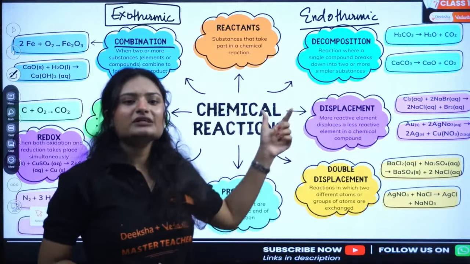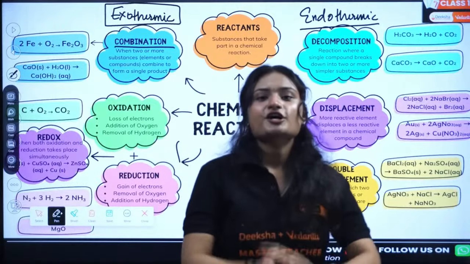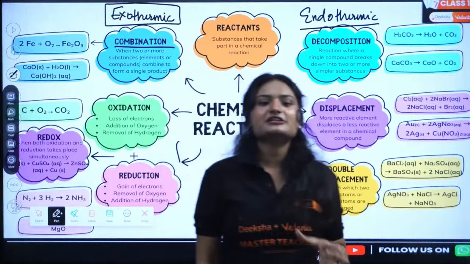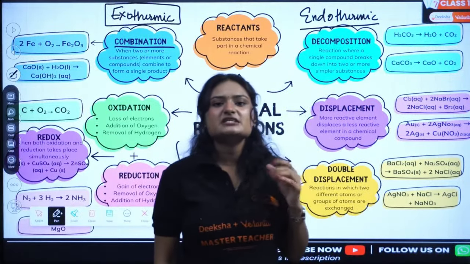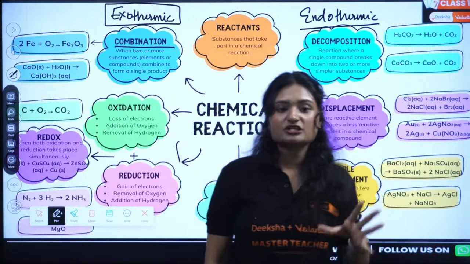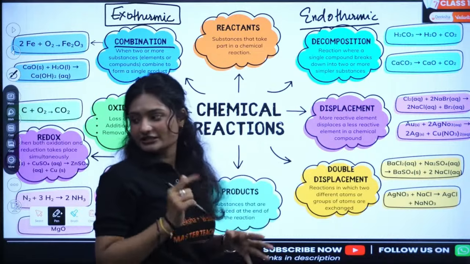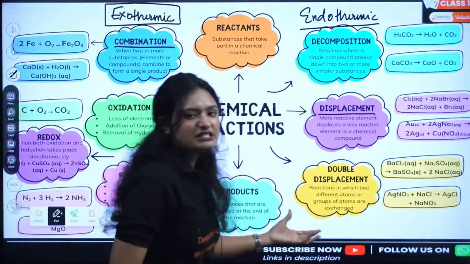Okay, moving on to the next reaction, the displacement reaction. What is a displacement reaction? When a more reactive element displaces a less reactive element from its compound, it is called a displacement reaction. What about double displacement?